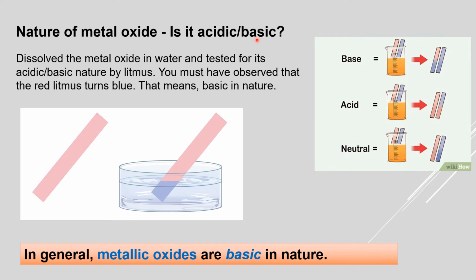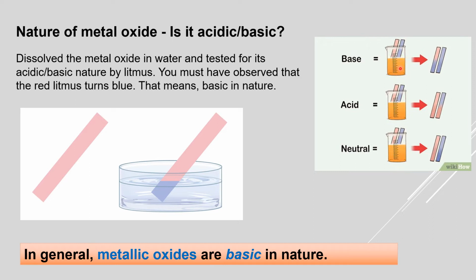First you see here, two colors of litmus papers are available, red and blue. Red litmus paper and blue litmus paper. And when we dip these litmus papers in a base, an example of a base is sodium hydroxide, some hydroxides are examples of bases. So this is a base.